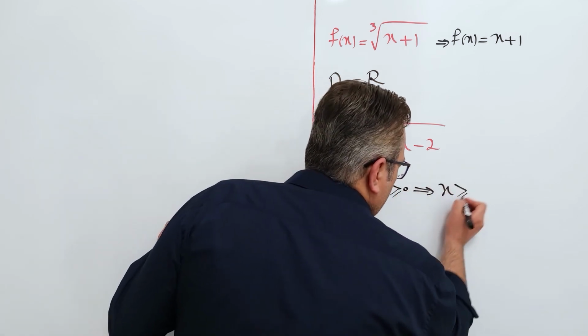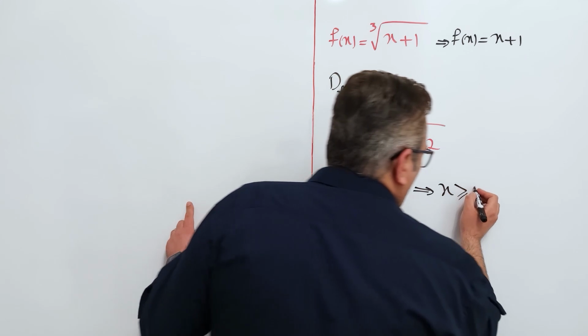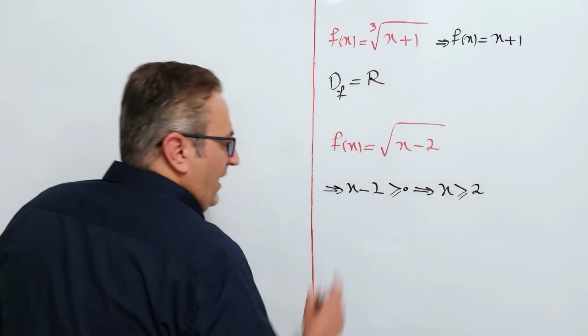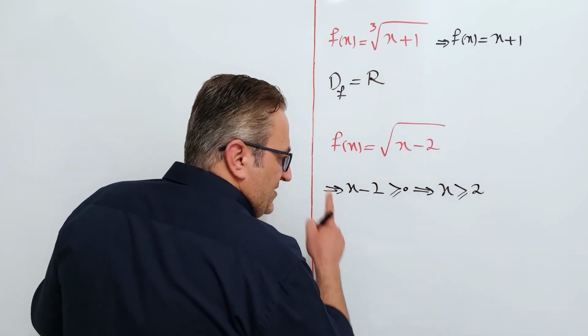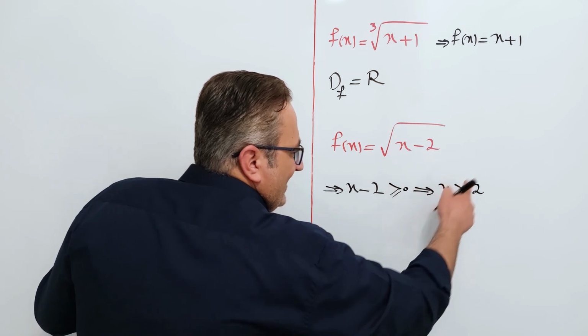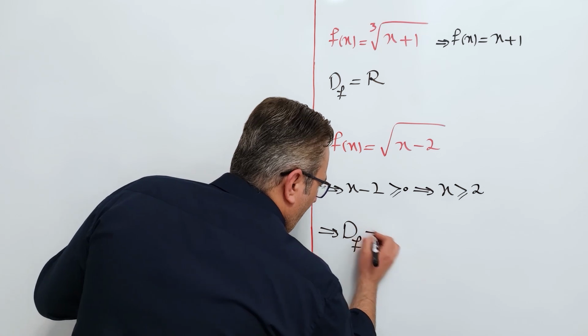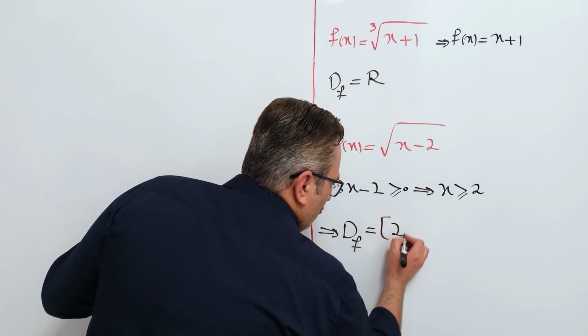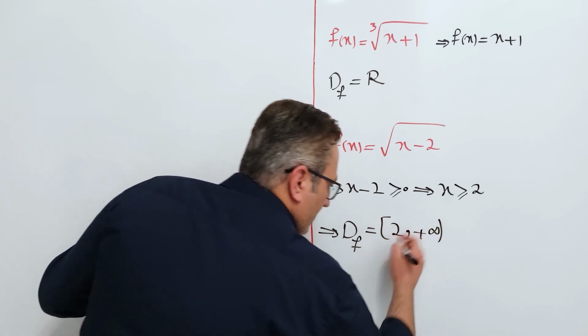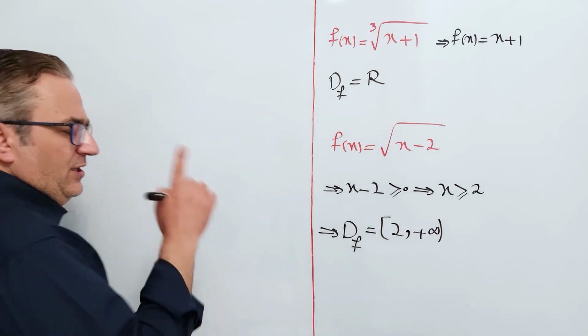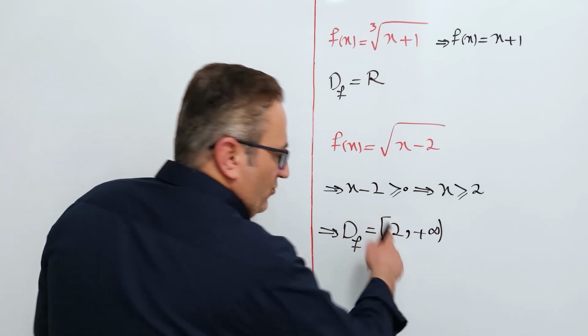So x is greater than or equal to 2. Okay? And if we express it as an interval, the domain of f is equal to [2, infinity), including 2. Okay?